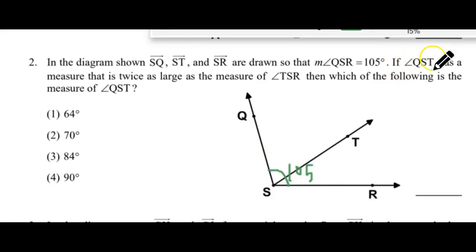If QST has a measure that is twice as large as TSR, let's say this is X and this is 2X, because it says it's twice as large, right? Then which of the following is the measure of QST?